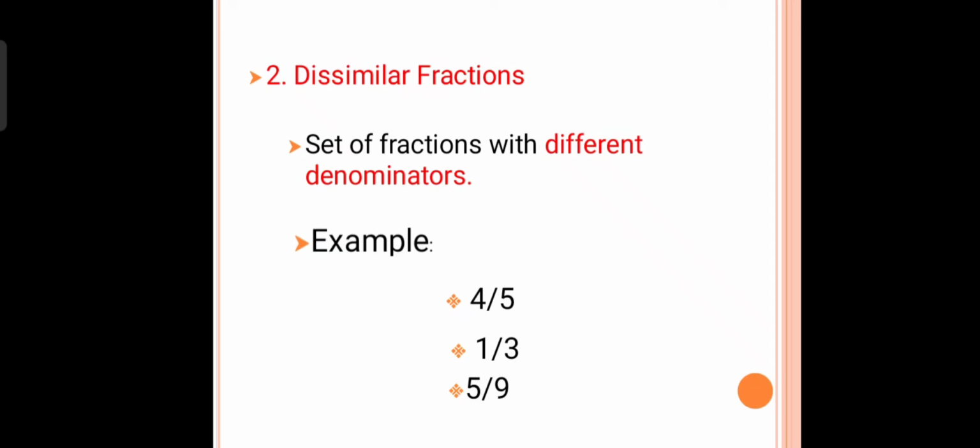Okay? Now, do you understand? Let us have a test. Identify the kinds of fractions given below. We have our number 1. Be ready, children. 5 and 1/2. What kind of fraction? It is a mixed fraction. Why?